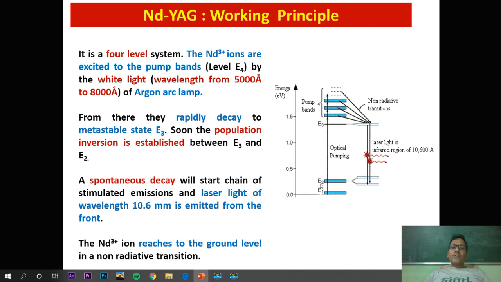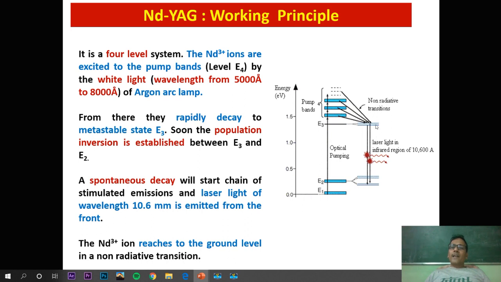So this is the ground state where initially the Nd ions are there. This is the second energy level, and E3 is the metastable level, and these are the higher energy levels. By absorbing the energy, Nd ions are optically pumped to the higher energy level E4, and from there they rapidly decay to the metastable state E3 through a non-radiative transition.